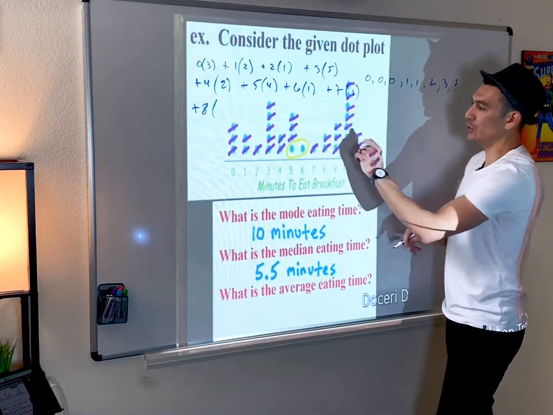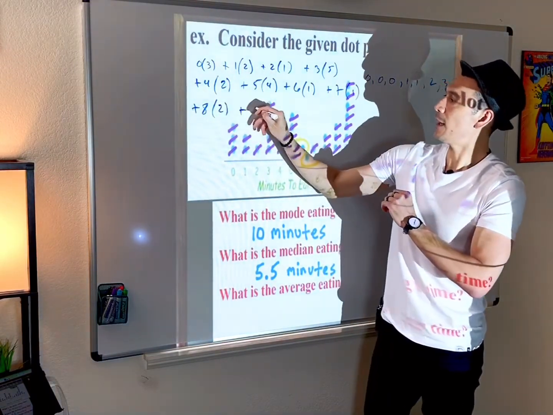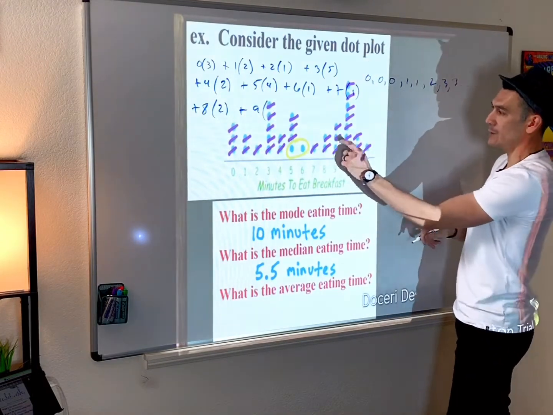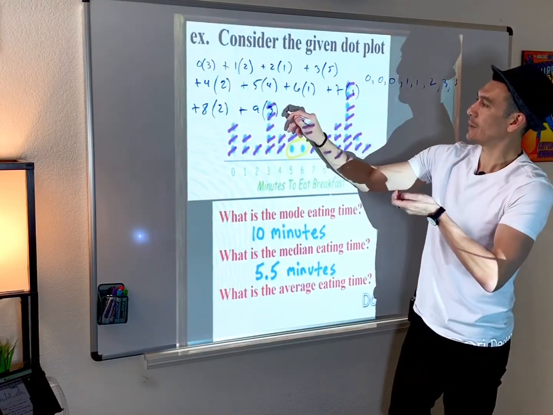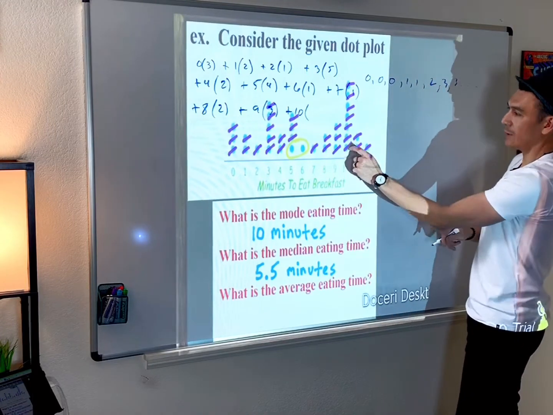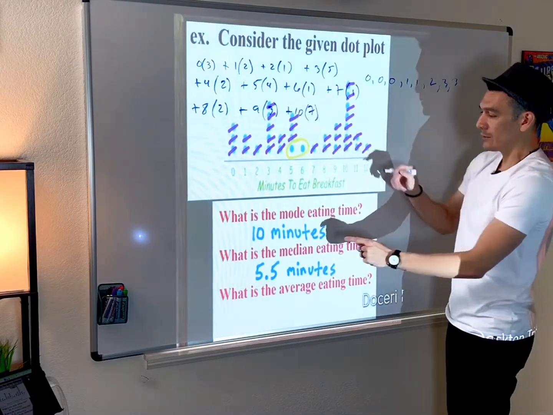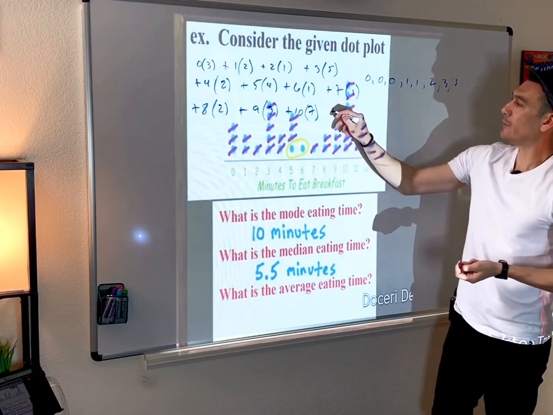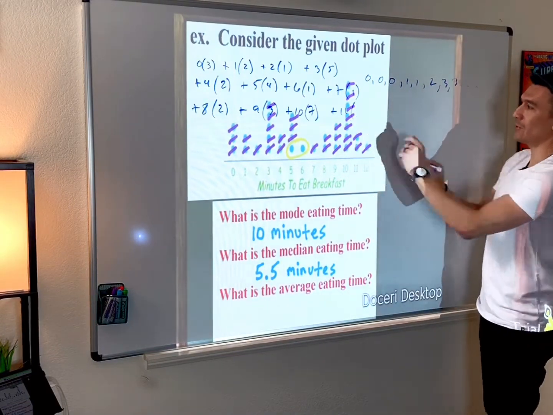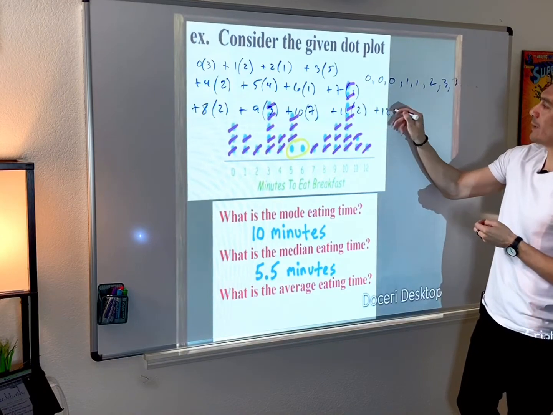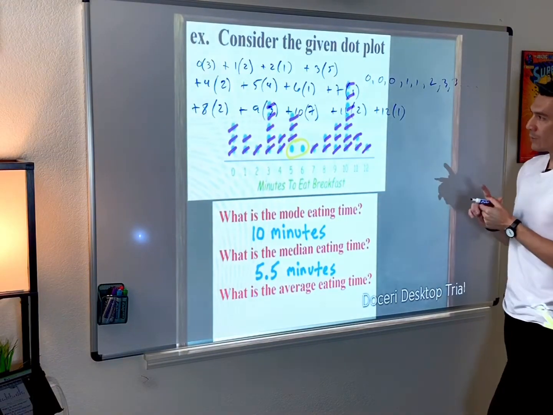We had 2. How many 9s? We had 1, 2, 3. How many 10s? 1, 2, 3, 4, 5, 6, 7, because that was the mode from a moment ago. Plus 11. How many 11s? 2. And then how many 12s? We had 1 12, right?